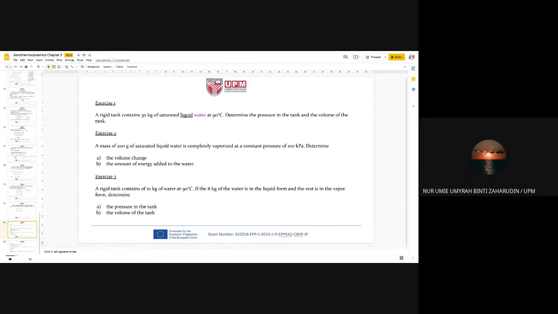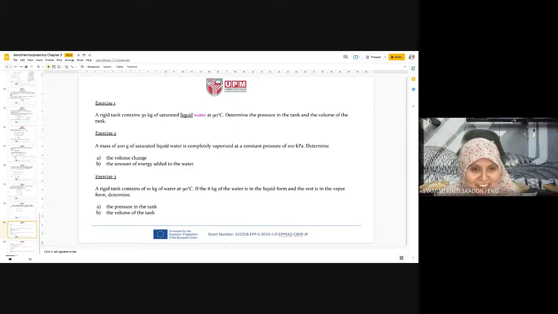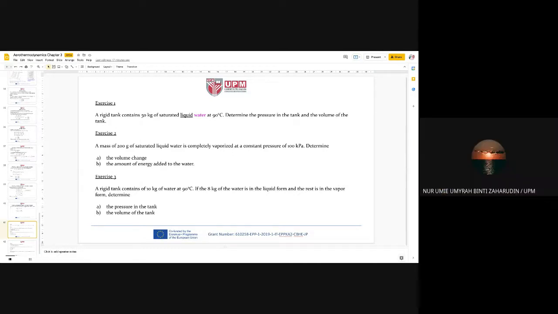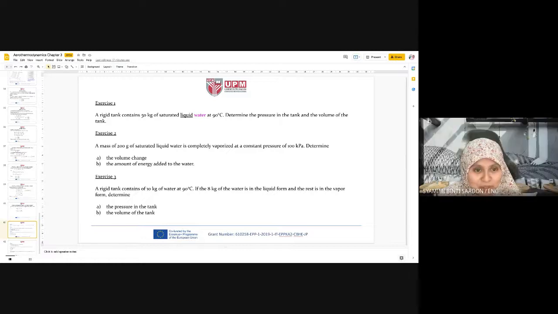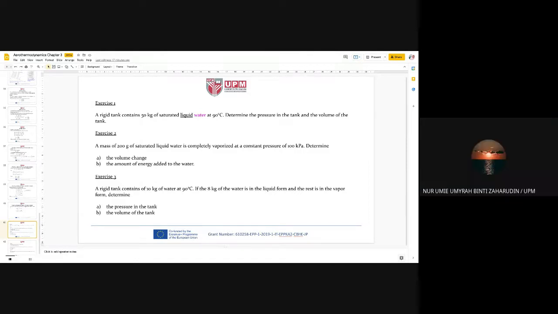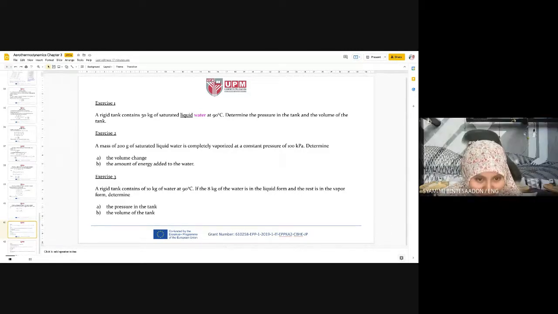No, I don't know. Look at the thermodynamic table just now, the same temperature table. Which row do we have to look up? Specific volume, okay?